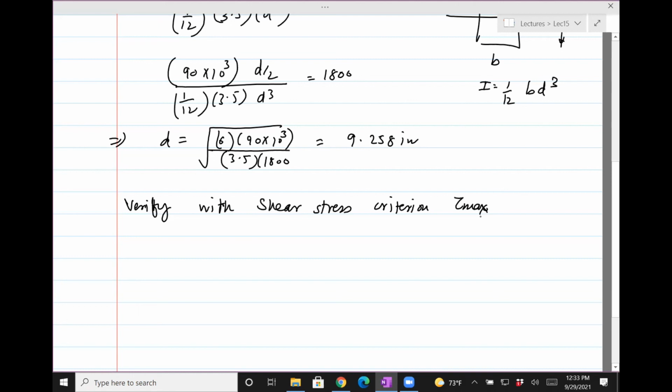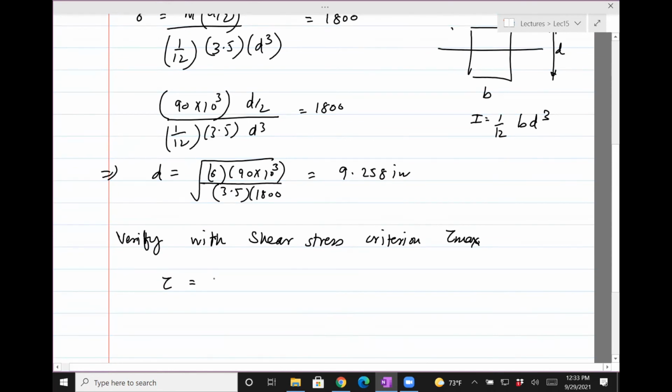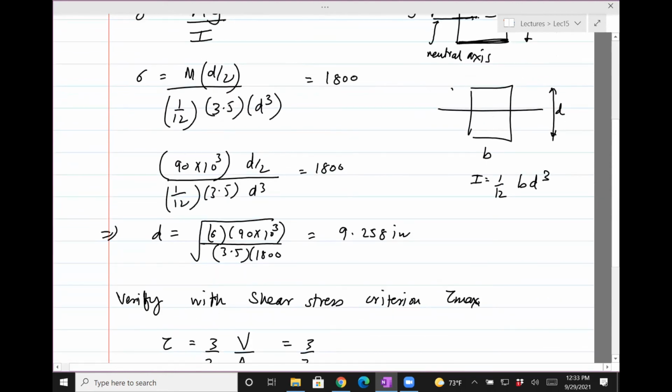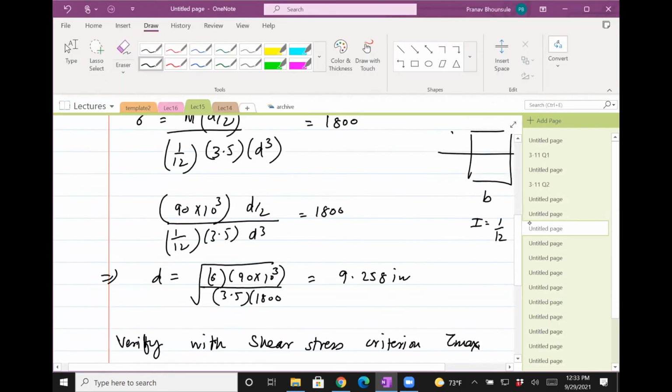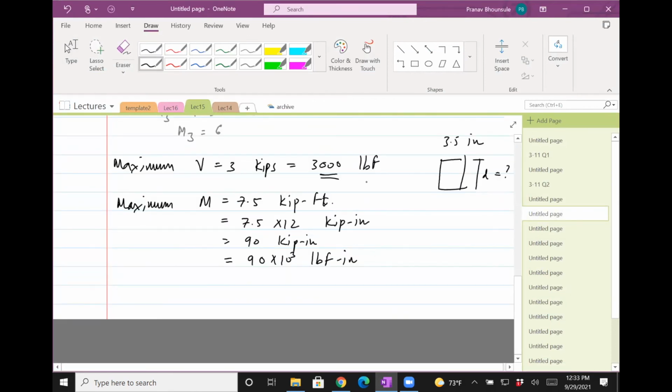So what we do here is, for this section, a rectangular section, we know the formula for the shear stress. It's 3 divided by 2 V divided by A. So we put the maximum value for V, and I believe I have it on the previous page. It's 3000 lbf. So we put 3000.